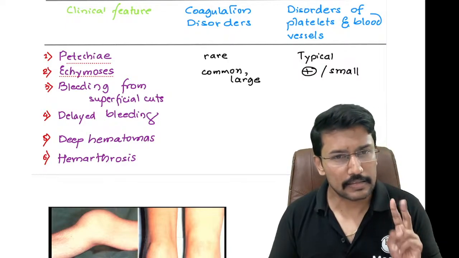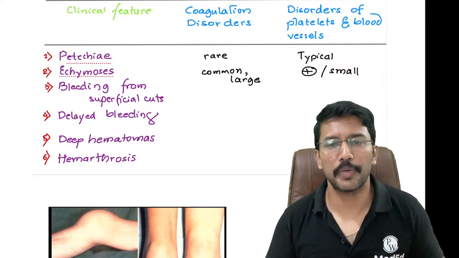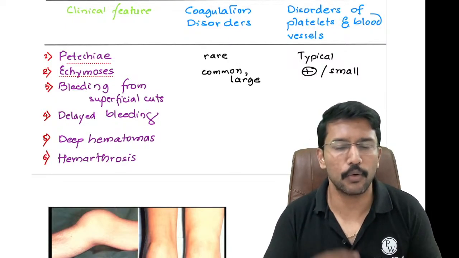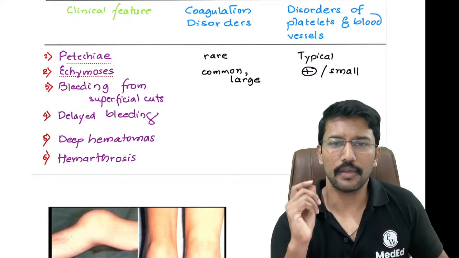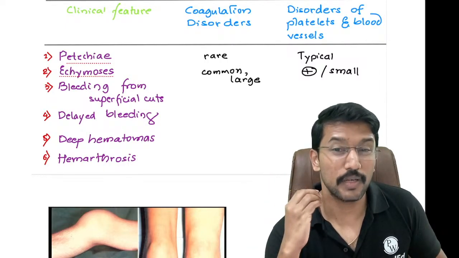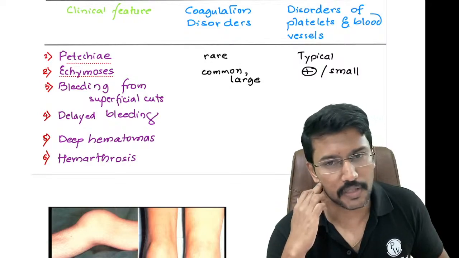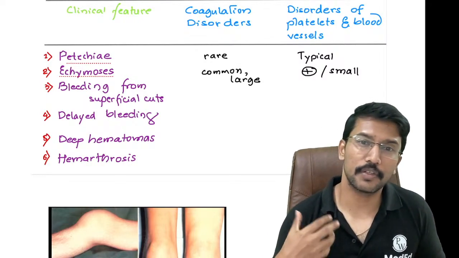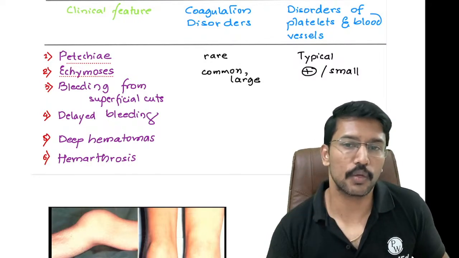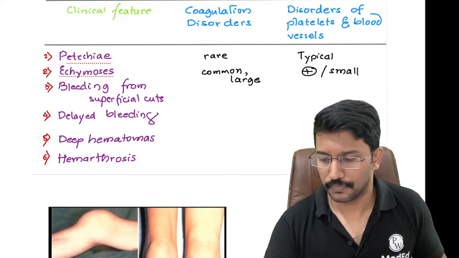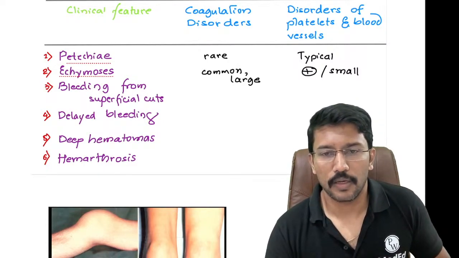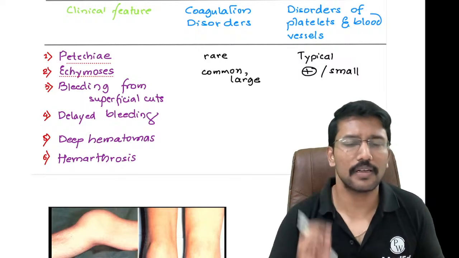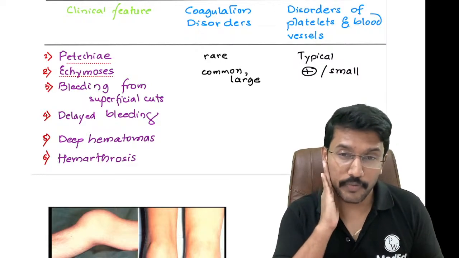Okay, then third point, bleeding from superficial cuts. Superficial cuts in the sense like, okay, you're trying to shave and you develop a small cut. What do you think? A patient with platelet disorder will bleed continuously from the superficial cut, or it is a patient with coagulation disorder who will bleed continuously from a superficial cut? Right, see, once I get a superficial cut, what is the first step in preventing this bleed?